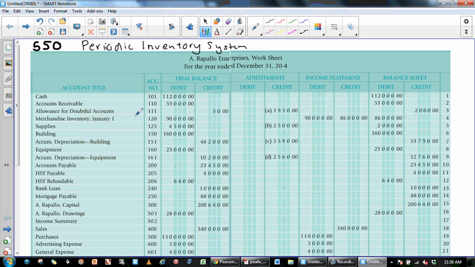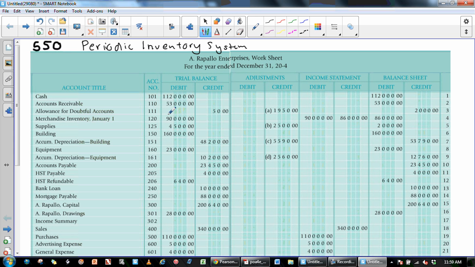And you know that it's periodic inventory system because you don't see a cost of goods sold account. If you saw a cost of goods sold account, then it would be perpetual inventory system. Okay? So we're dealing with periodic inventory system here.